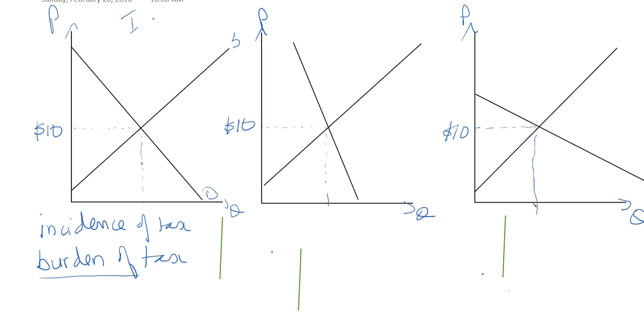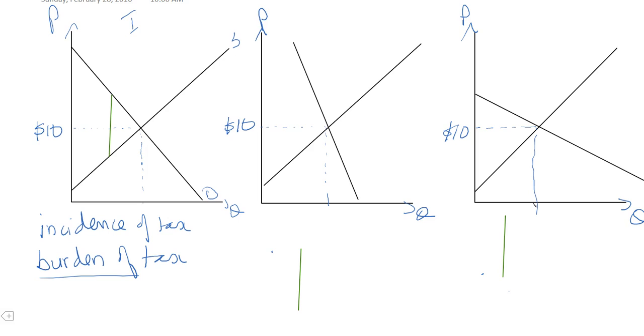Now, this green line is the tax that's getting imposed in this market. So we're just going to impose a tax on this product. What I haven't specified is whether this is a tax on buyers or this is a tax on sellers.